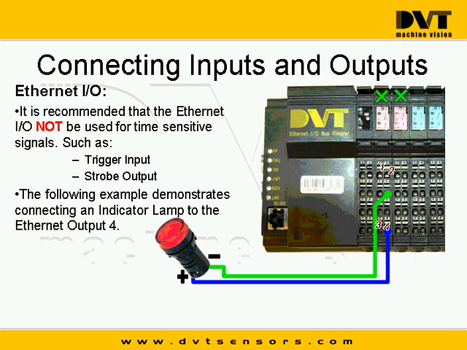They have a default numbering scheme that they put on there. So it's probably best to look at the documentation or use this particular presentation that is available to you in order to figure out where each one of those connections are made and where they should be connected. So in my case, I've shown you how to connect an indicator lamp to output 4 here. I will do that in the real world application that I'm about to get into. Let's talk about connecting something else.